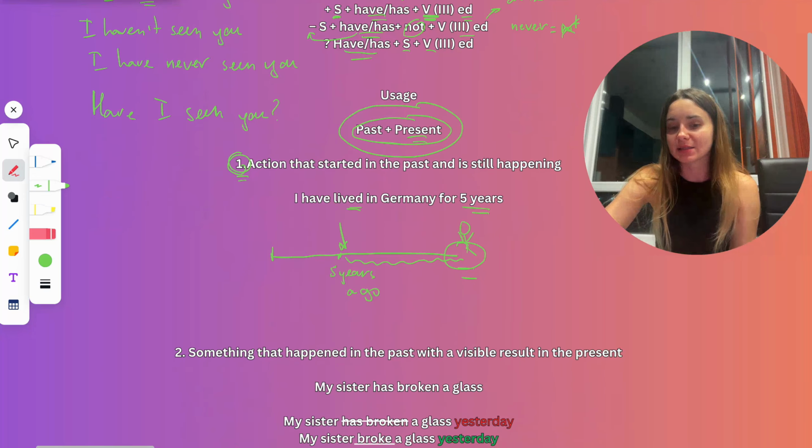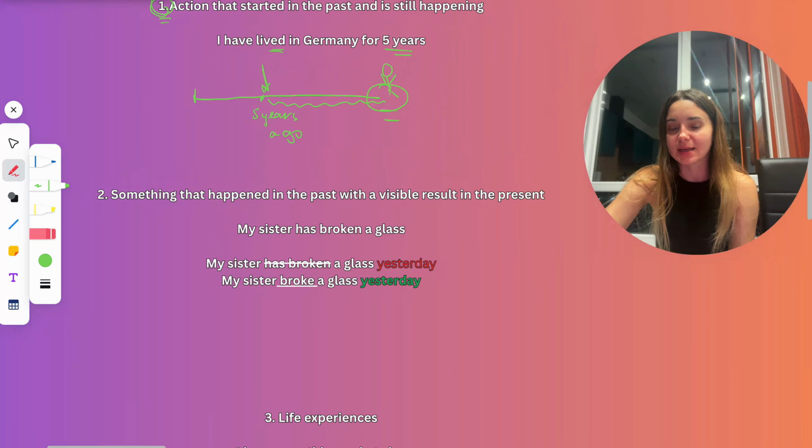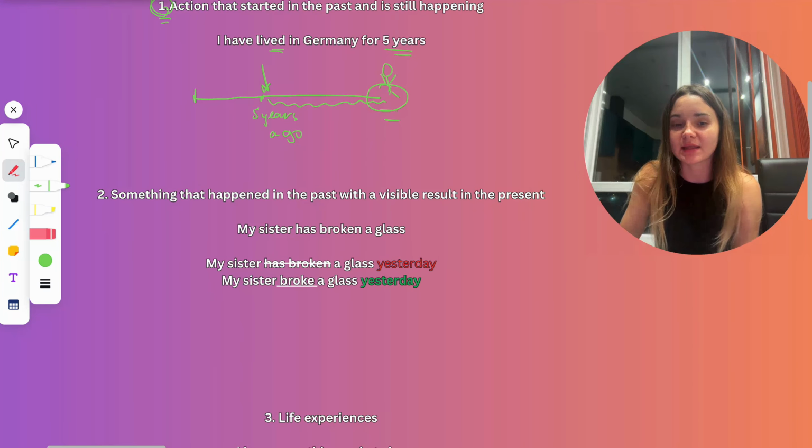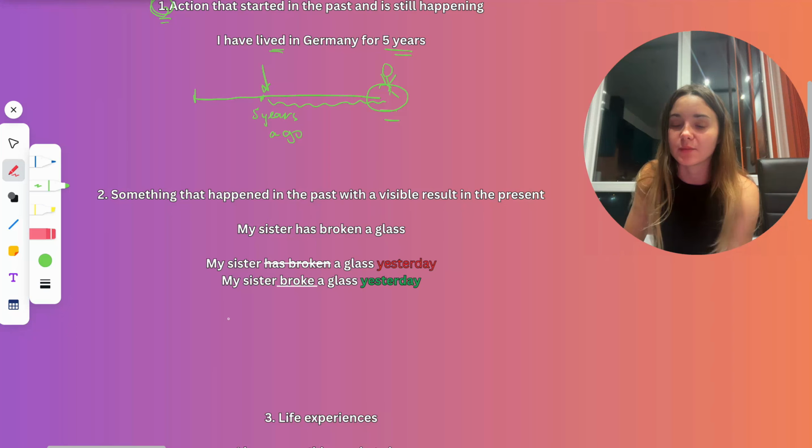So the second case when we use present perfect is when something that happened in the past has a visible result in the present. For instance, my sister has broken a glass. That's your sister. She is small. So she has broken a glass. That's a huge glass, but still.